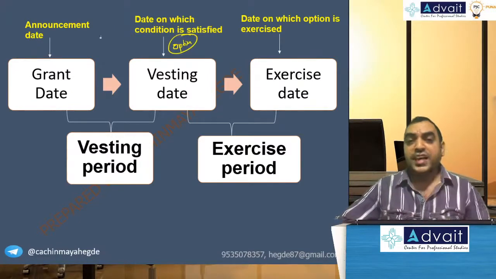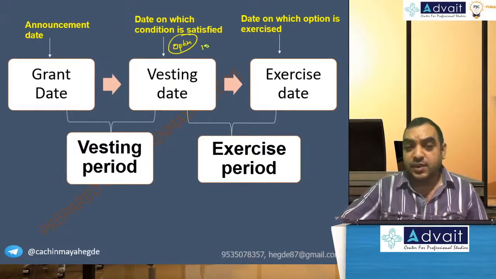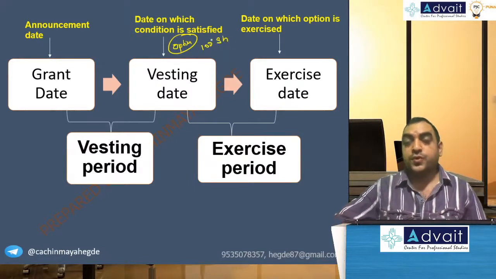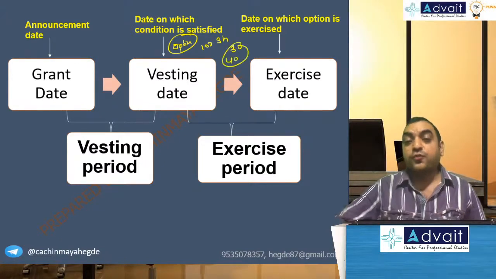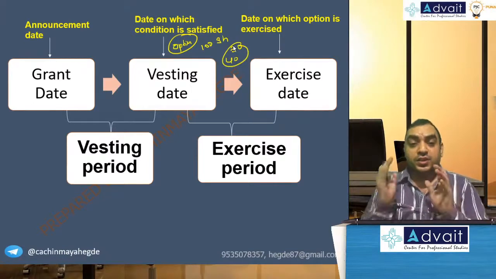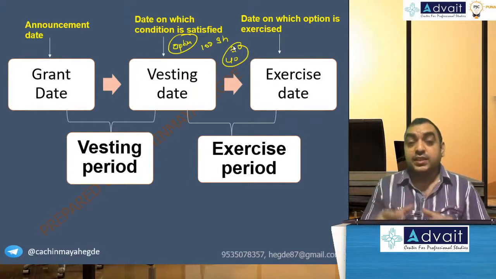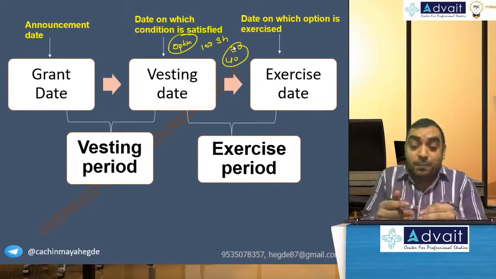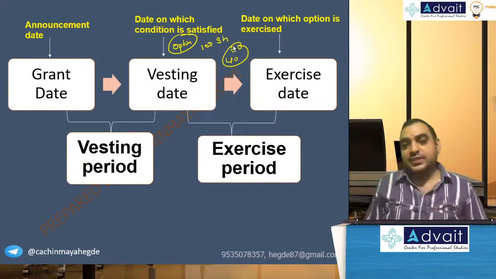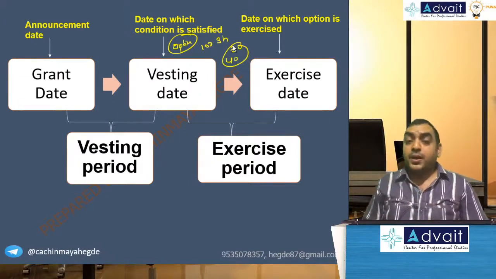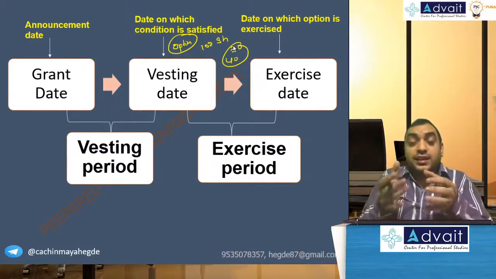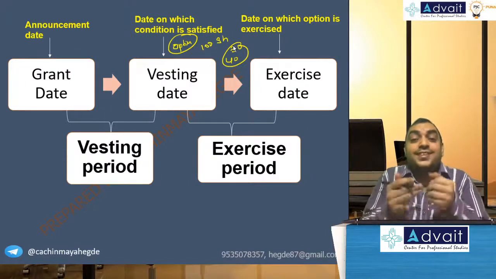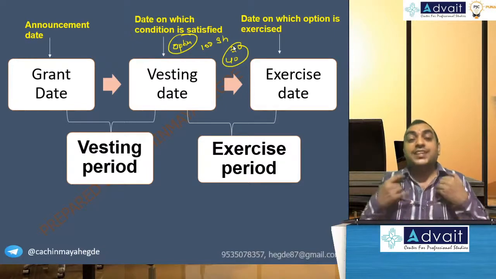For example, every employee is given 100 shares where they can purchase the share at 30 rupees, whereas the market price is 40 rupees. So 30 rupees is the price at which the employee can exercise, but the market price is 40 rupees. 10 rupees is the concession, benefit, discount the employee is getting.